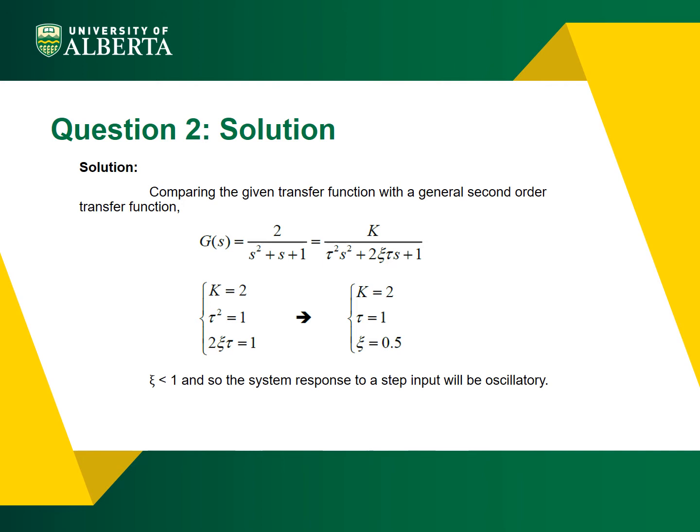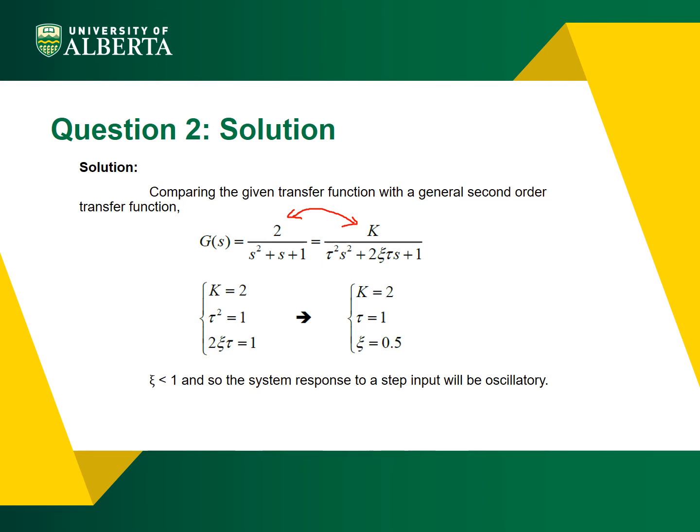Because we know that this is a second order transfer function, we compare it with the general form of a second order transfer function, which is k by tau square s square plus 2 zeta tau s plus 1. Then, equating, we directly get k is equal to 2, and tau square is equal to 1.